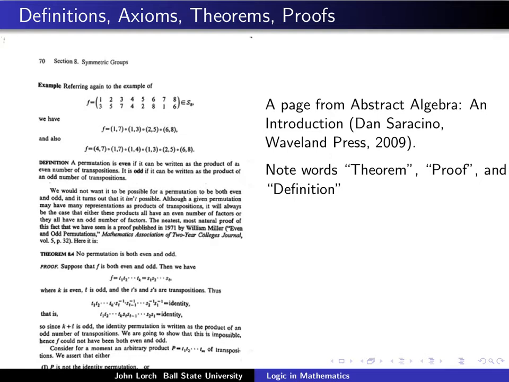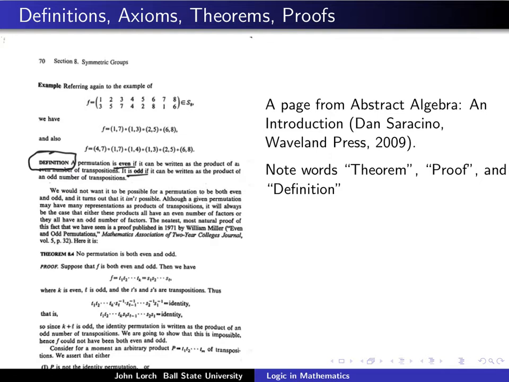And to give you an example of where some of these words are used, I've provided on this slide a page from an abstract algebra book where you see some of these words. For instance, we see the word definition, where we're learning the exact meaning of a particular word. In this case, we're learning what it means for a permutation, whatever that is, to be even or odd.